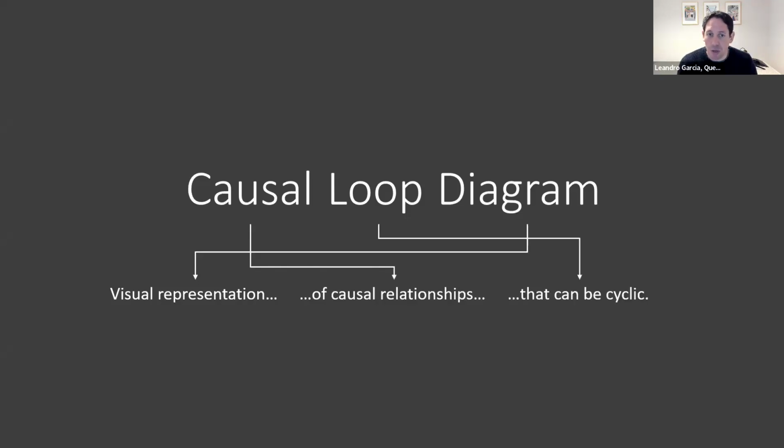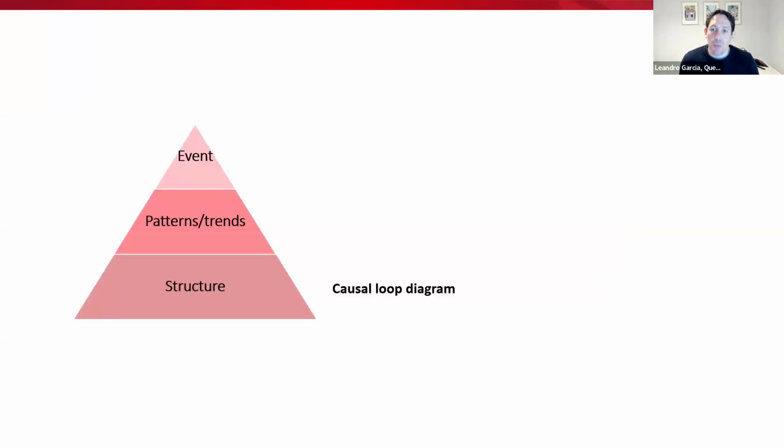That's all a causal loop diagram is. We use causal loop diagrams when we want to identify the structure of systems that generate certain patterns, certain events that we observe in the real world. That's the main goal of building causal loop diagrams.